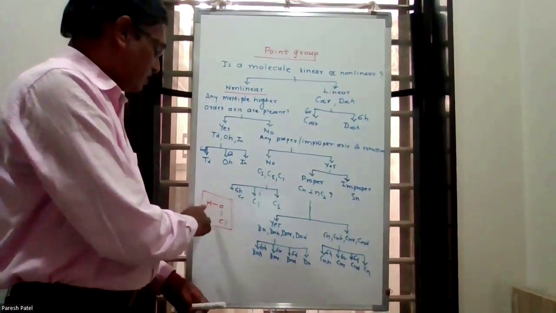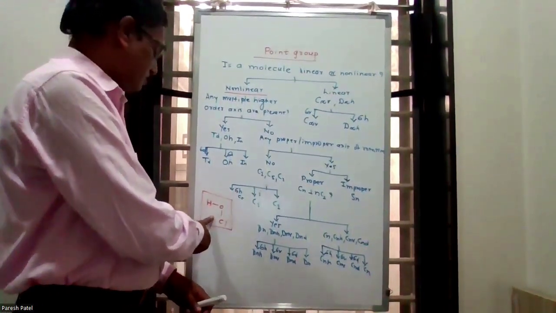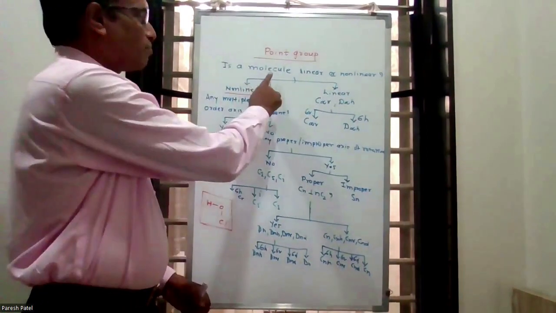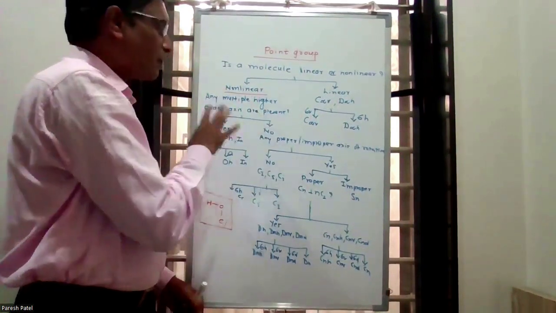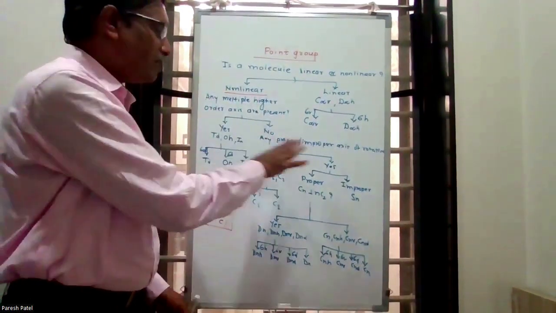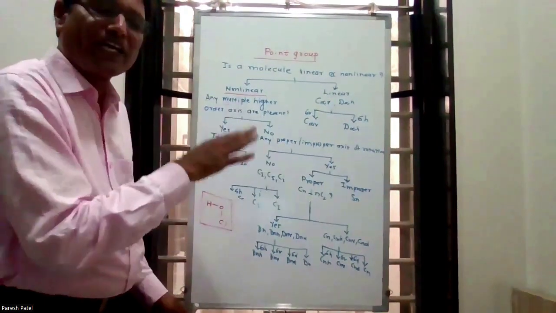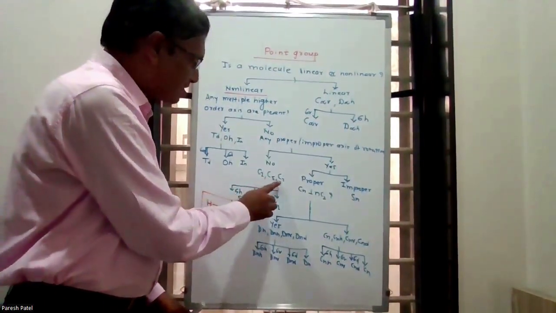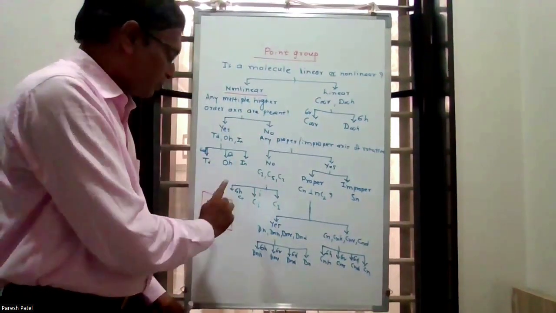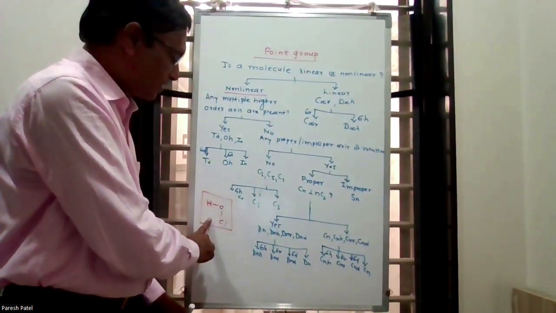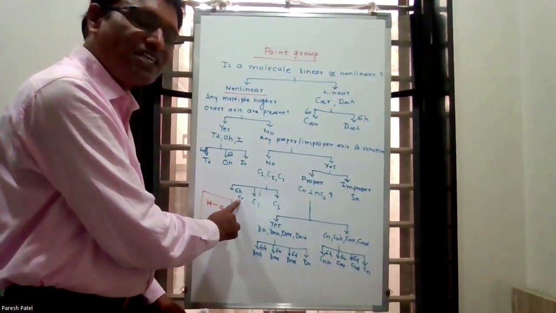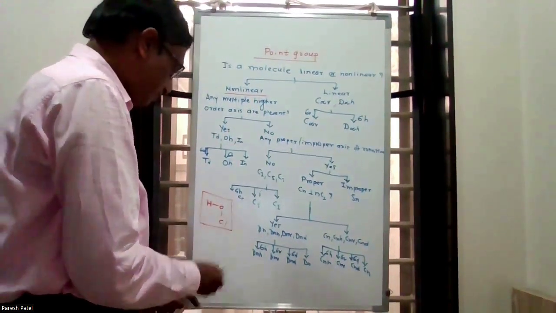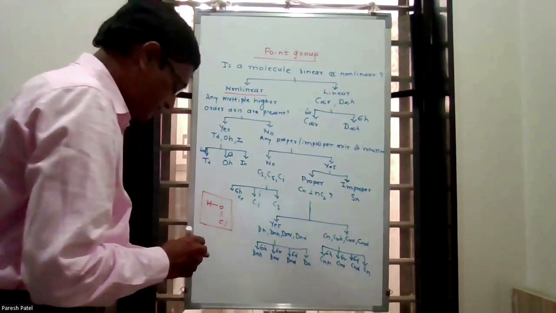Now, in case of hypochlorous acid, the molecule is non-linear. Multiple higher order axes are also absent. Proper and improper axes are also absent. It means we have to go for the C1, CS, or CI option. Here, this is a planar molecule. It means the point group is CS.